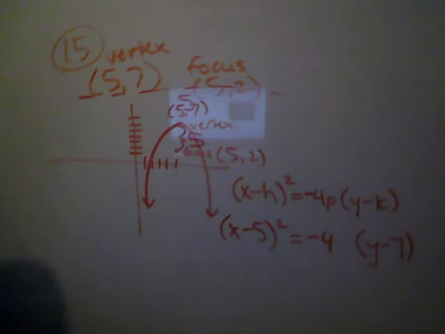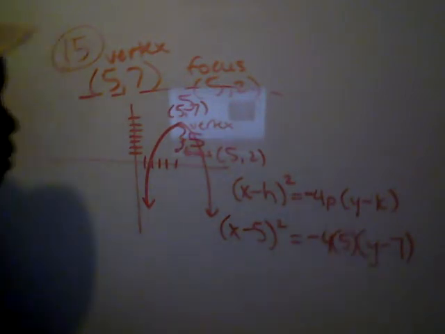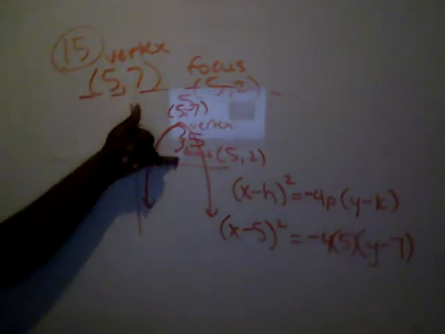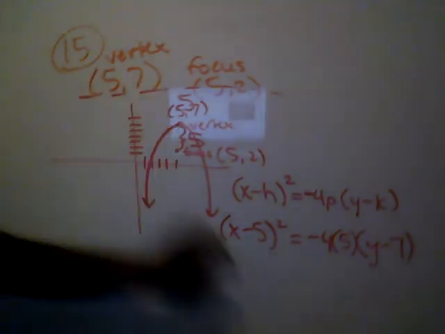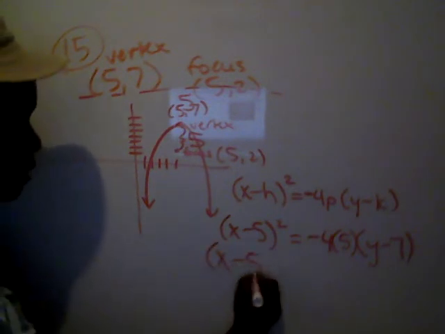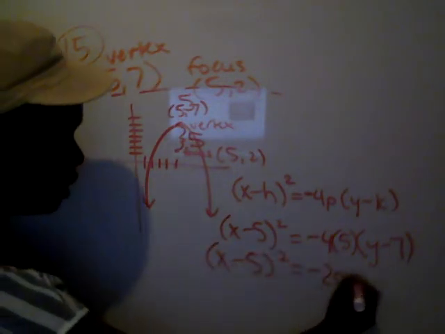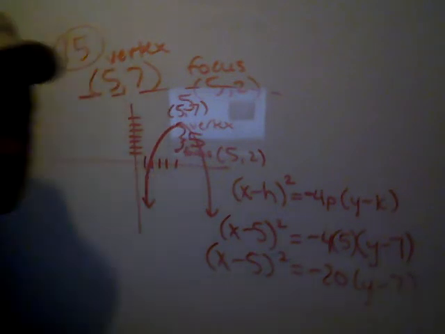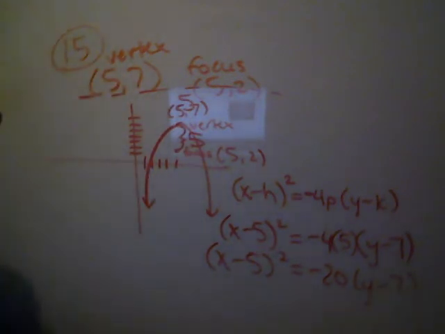So that tells us that p has to be 5. Remember, p is the distance from the vertex to the focus, or the distance from the vertex to the directrix. So that distance was 5. That means our p-value is 5. So to finish out our equation, it'd be x minus 5 squared equals -20 y minus 7. And that'd be the final equation.